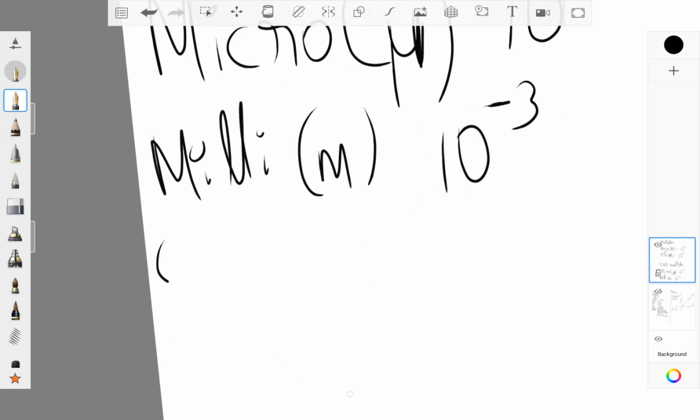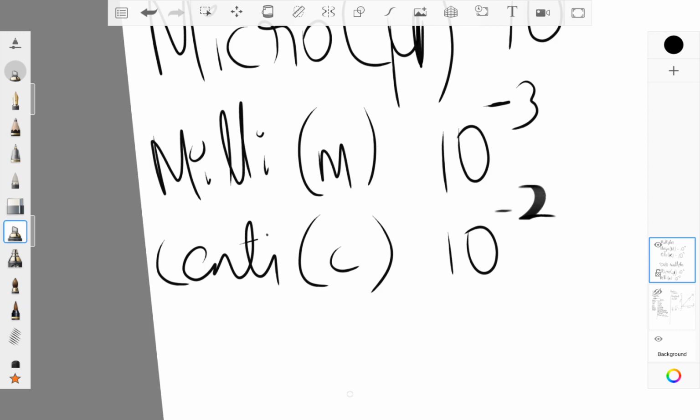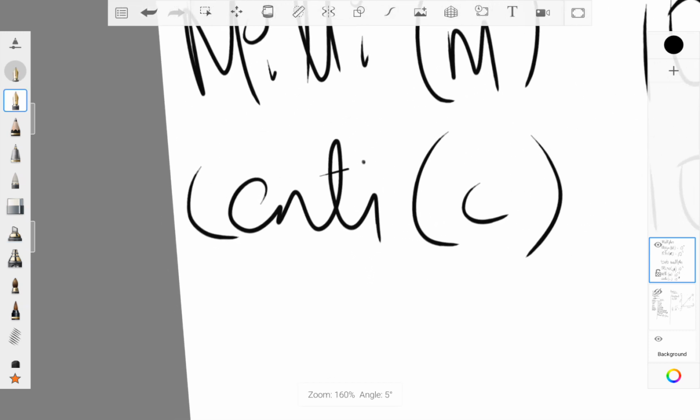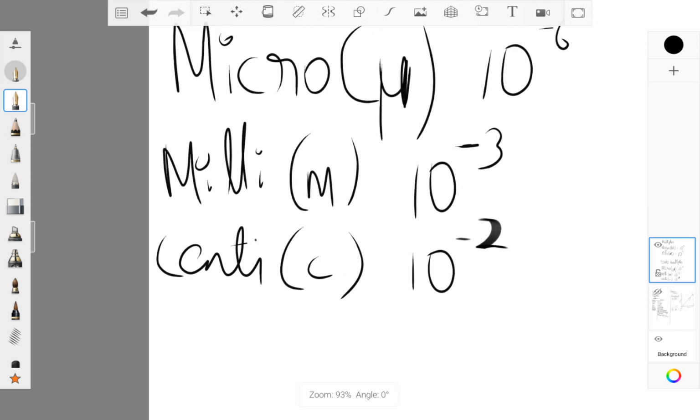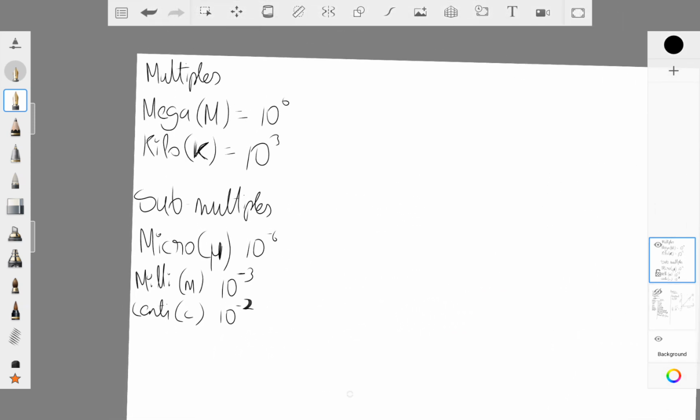You have centi, which is a small c, and that's 10 to the power minus 2. Those are about it. These are the ones that come up the most. So you need to know how to convert from one unit to another, and I've just given you a quick summary of the standard values that you could use.